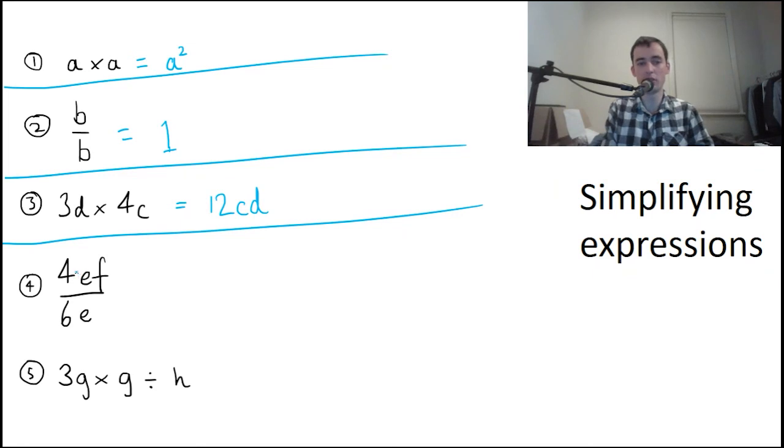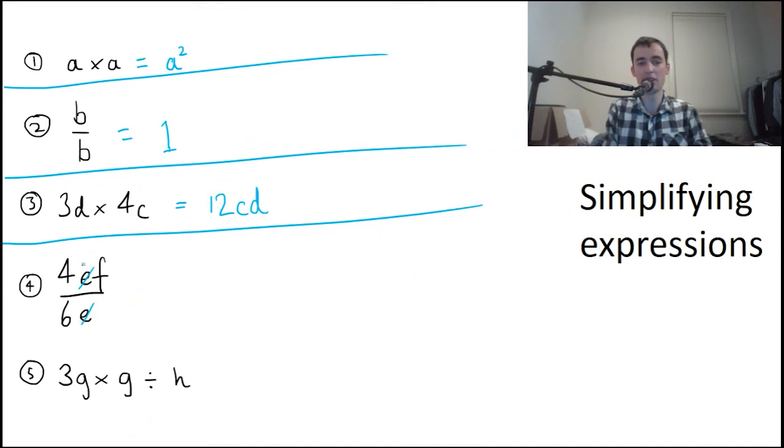Now, number 4. This should be fairly simple. No, actually, this one's a little bit harder. Now, for this one, you need to use one idea that we've already talked about, which is I've got E divided by E here, and that means E divided by E is 1, so I can cancel it out.